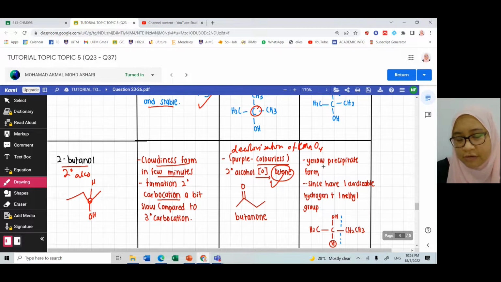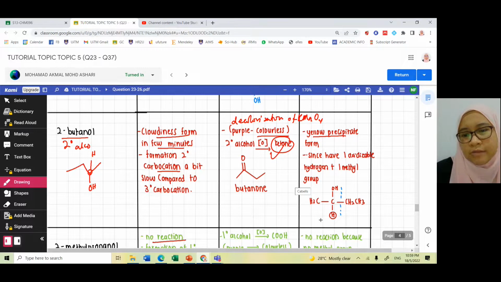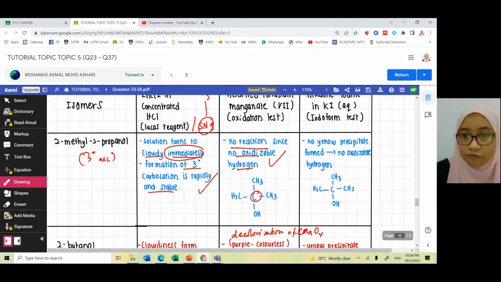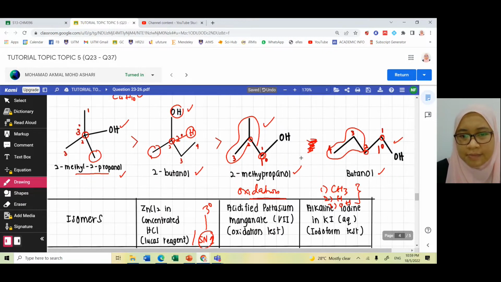The observation will be the formation of a yellow precipitate, or yellow solid. It needs to have the hydrogen, the OH and the methyl at the same time. Then only it will give a positive result to the iodoform test.